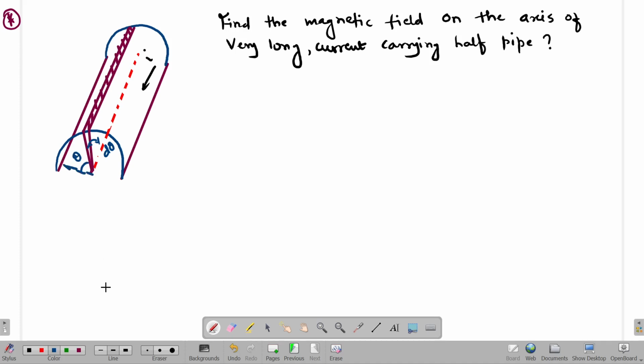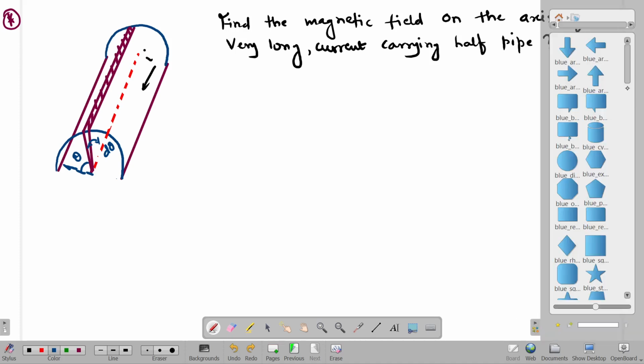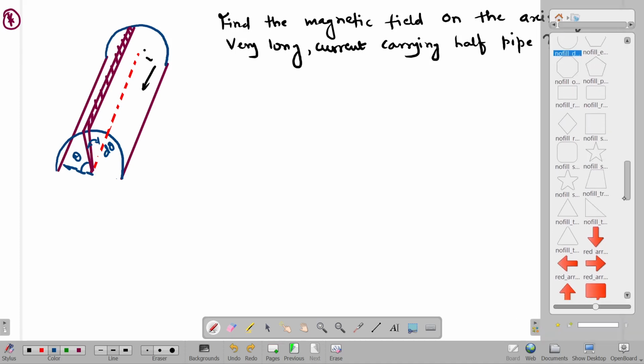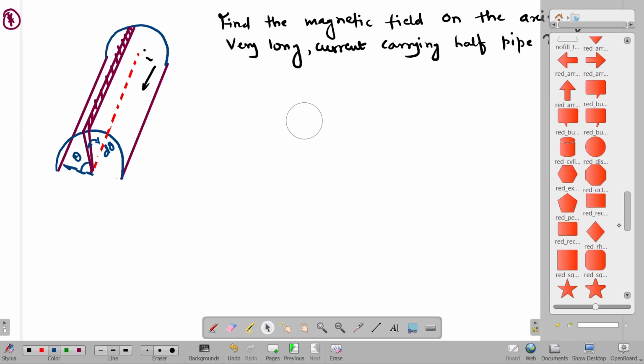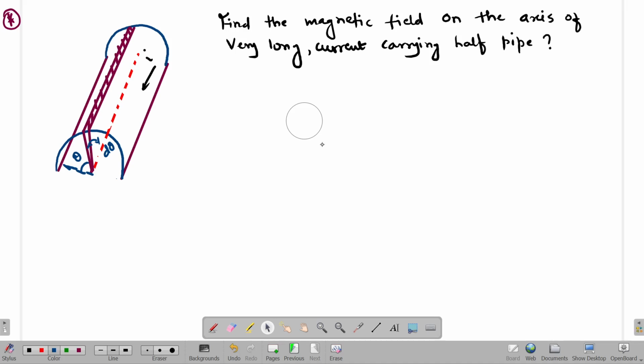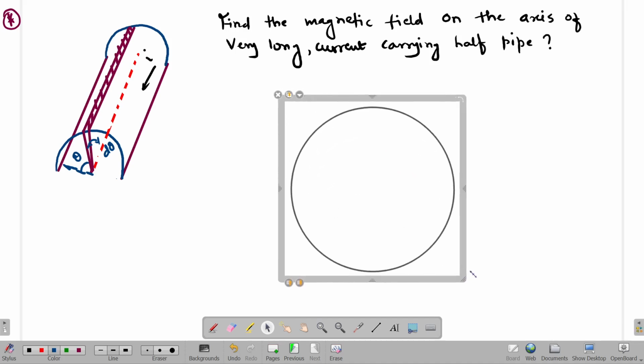Then if I can integrate till here, from theta equal to 0 to pi, then I will cover the whole half. So look over here. Basically, you can see that this is some kind of a semicircular strip only. Got it?